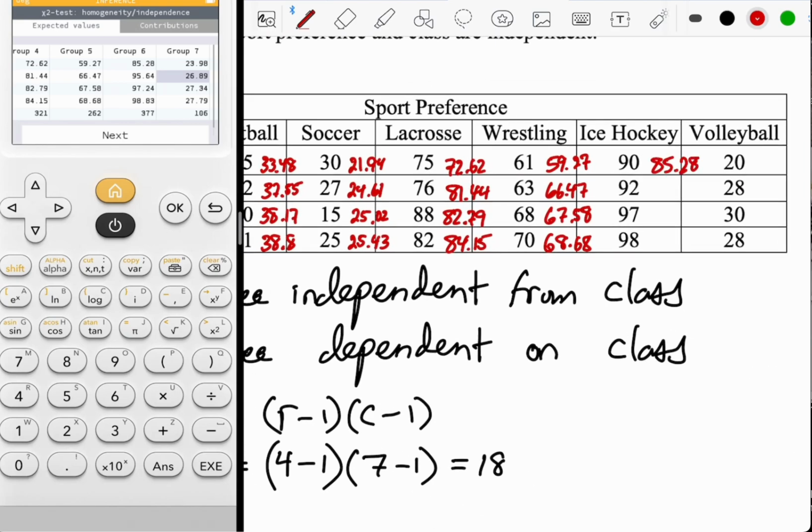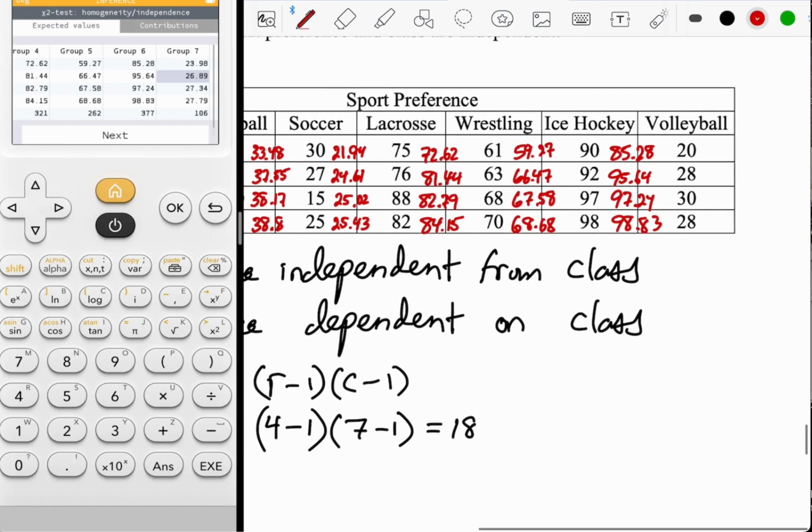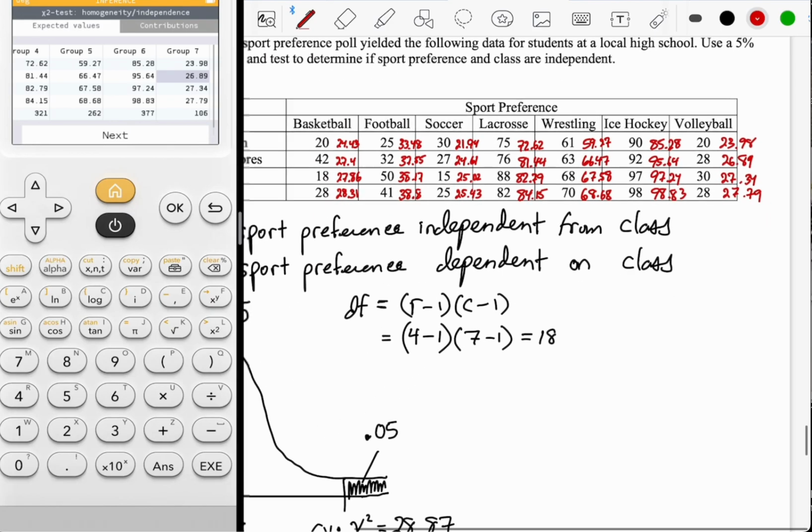85.28, 95.64, 97.24, 98.83, and then at last, finally, 23.98, 26.89, 27.34, 27.79. All right, those are all of our expected values.